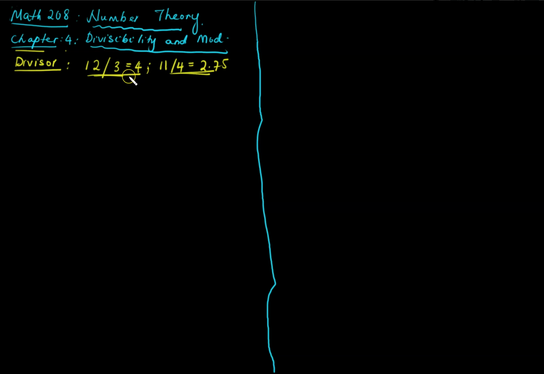So when you use the word divisibility, the quotient can be either a whole number or a decimal.